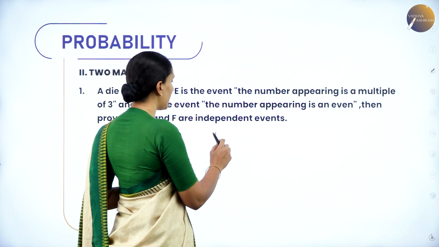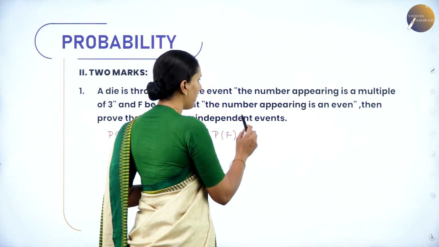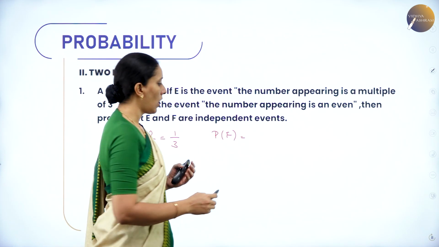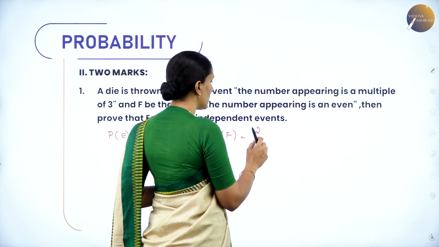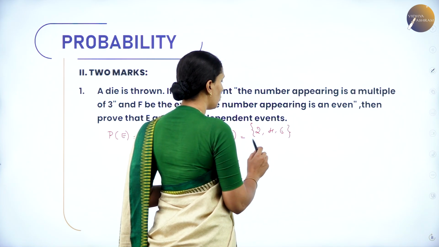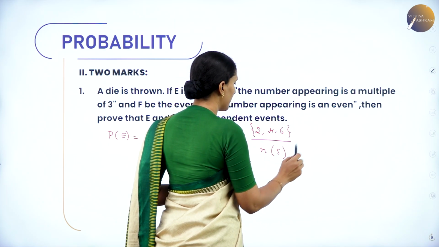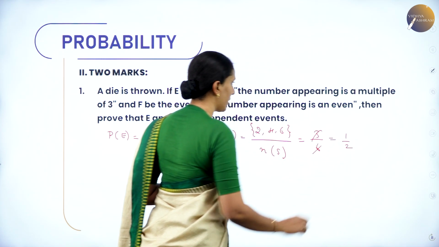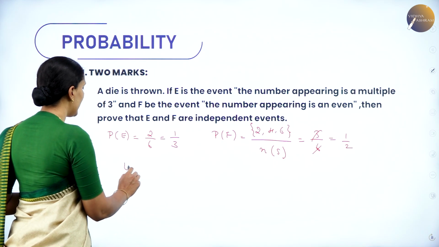Now the probability of event F. The number appearing is even. So there are 3 even numbers, 2, 4, 6 out of 6 outcomes. So it is 3 by 6, which is equal to 1 by 2. Now let's take E intersection F.